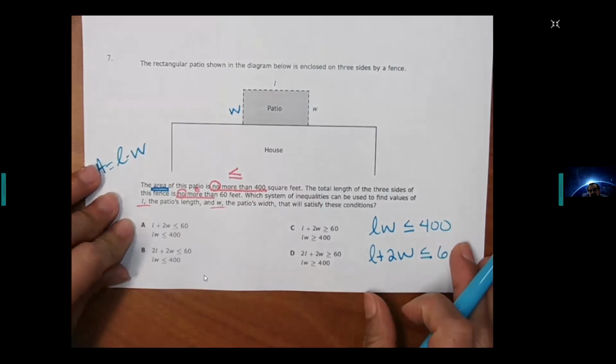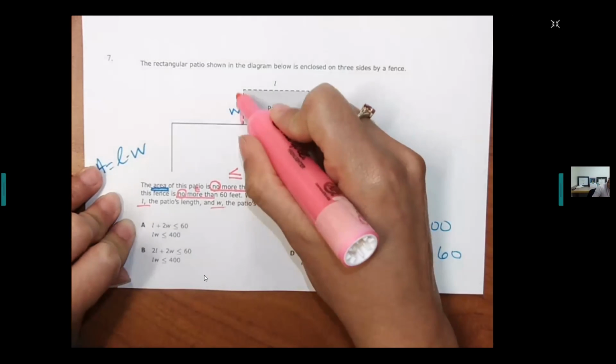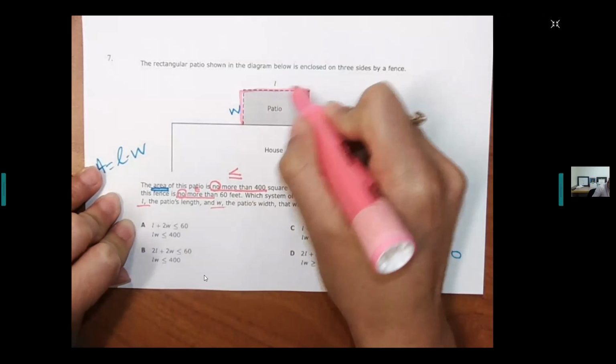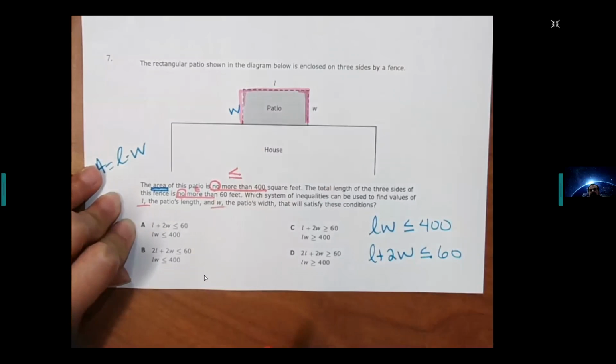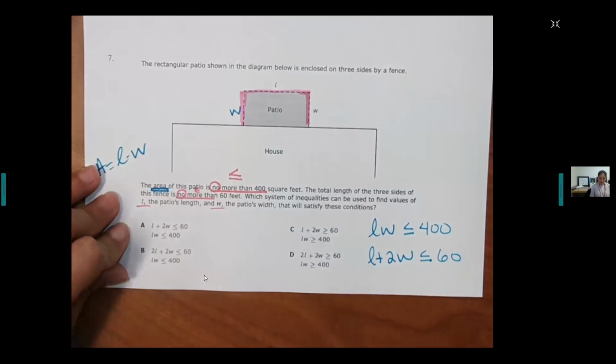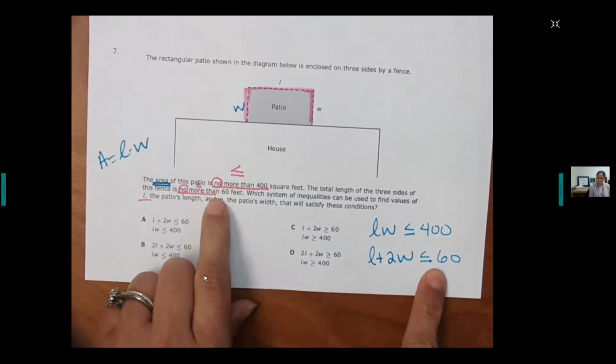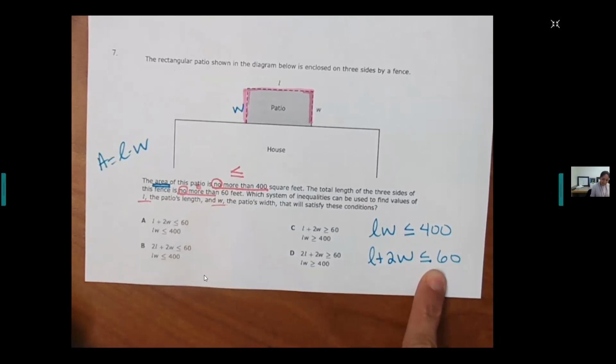We're just building three. Yes, absolutely right. The only part we are enclosing is the outside part, the dashed line, next to the house. So that's why we have two W's and only one L, and that has to be less than or equal to 60, according to what the problem says. Excellent. Thank you, Mr. Alcarcas.